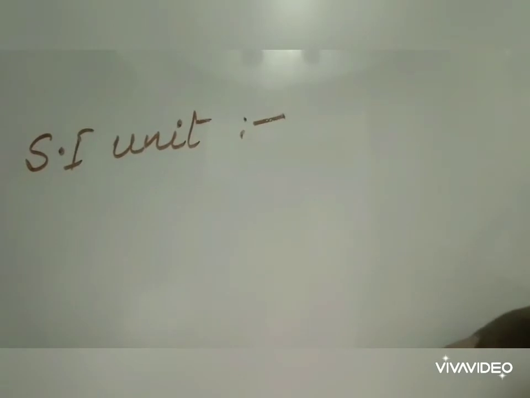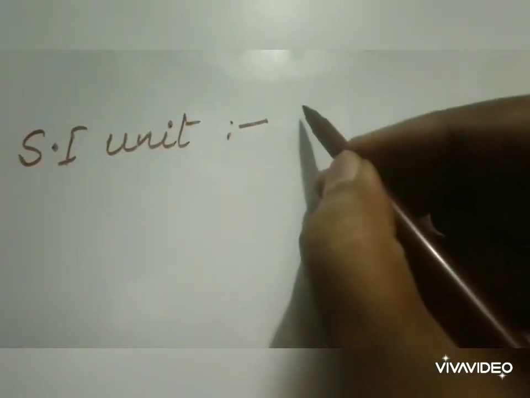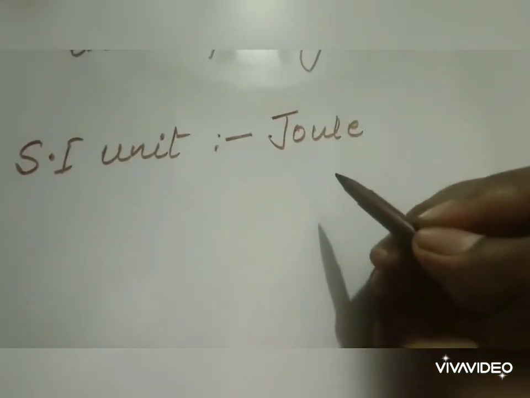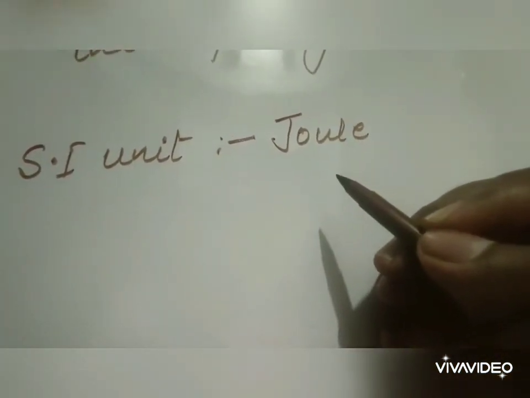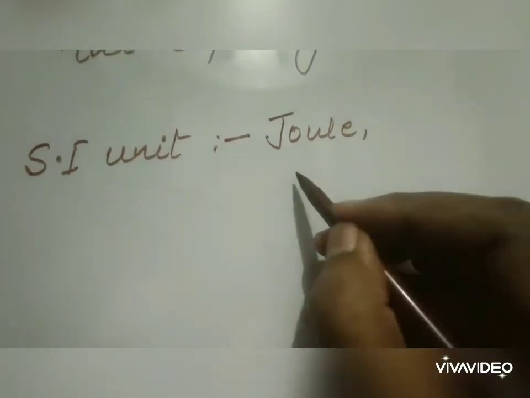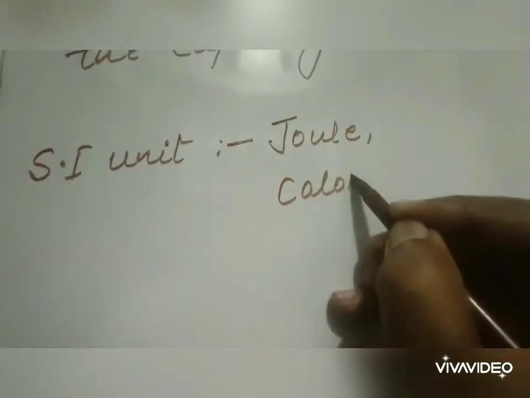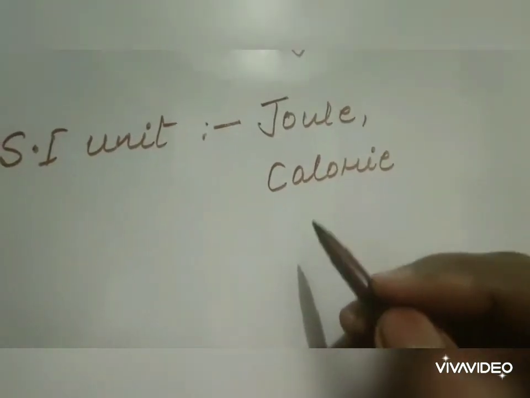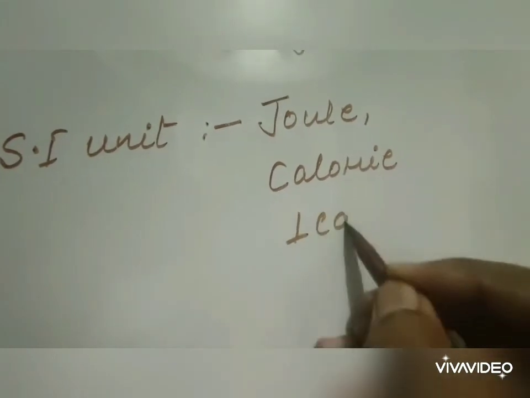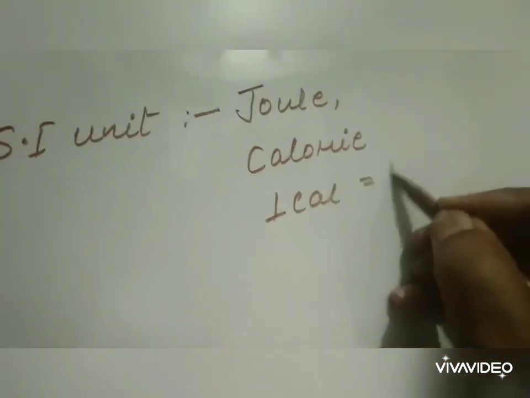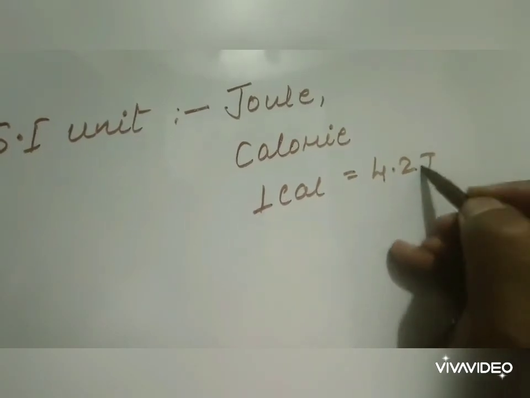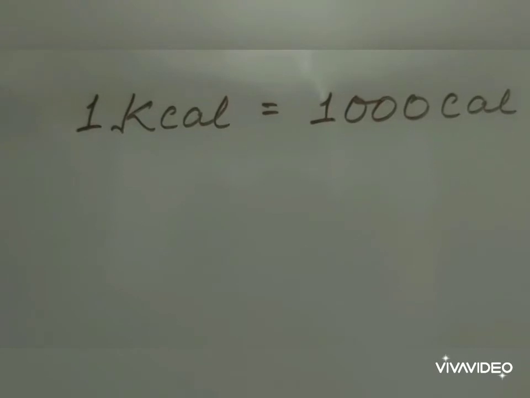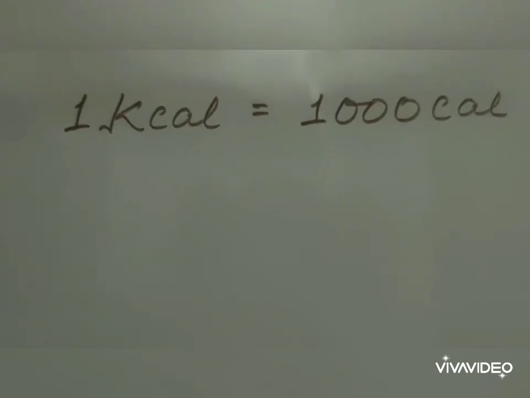The SI unit of energy is joule, in which work is measured, or it also has the unit calorie, and it can be written as 1 calorie is equal to 4.2 joule. We can also write 1 kilocalorie is equal to 1000 calories.